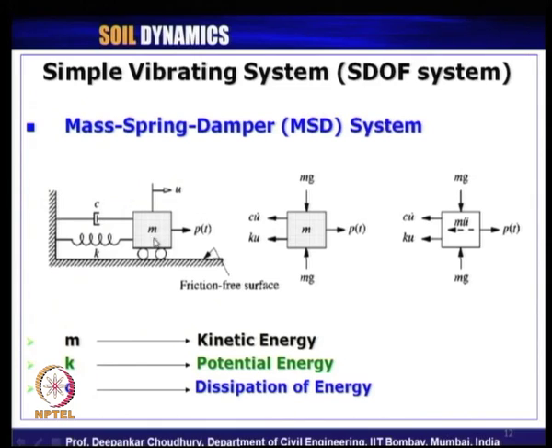So, next what we should do, we should draw the free body diagram of this mass subjected to different types of forces. Now, what forces are acting on the system? If we try to draw the free body diagram, this will be the free body diagram of the mass.